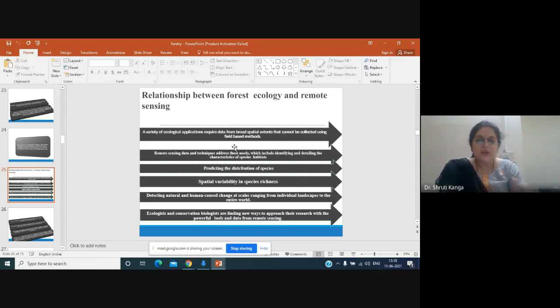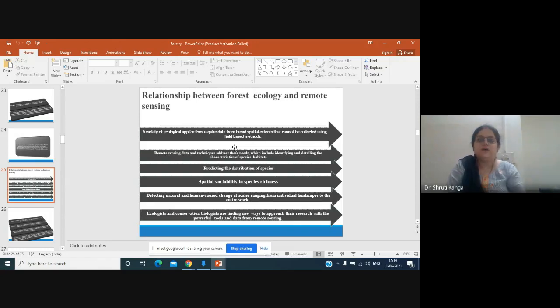So prediction and the distribution of species is also easy, because we can apply a particular method on a larger area, since remote sensing has the capacity to provide us a synoptic view of an area. Then the spatial variability in species richness.